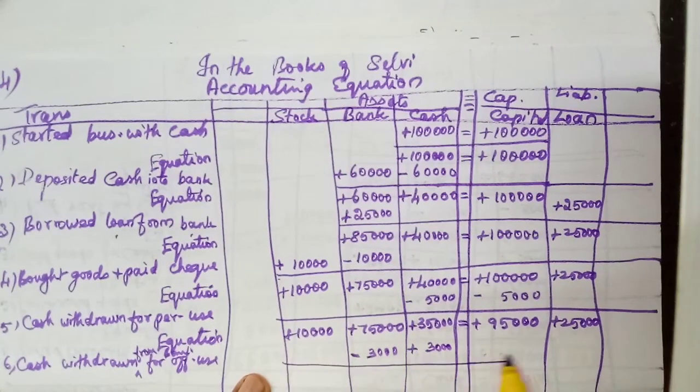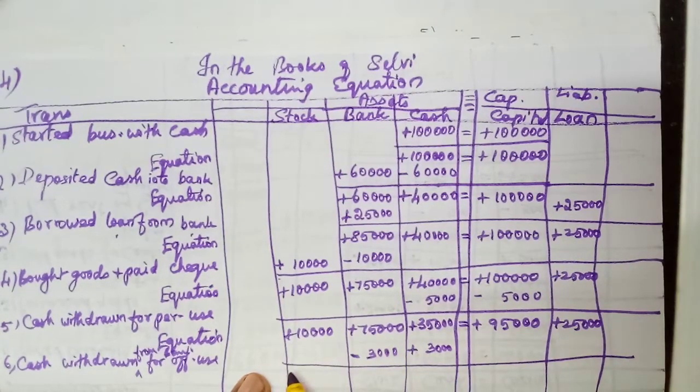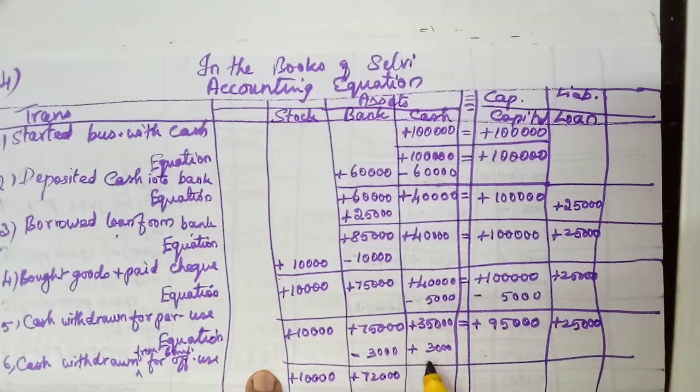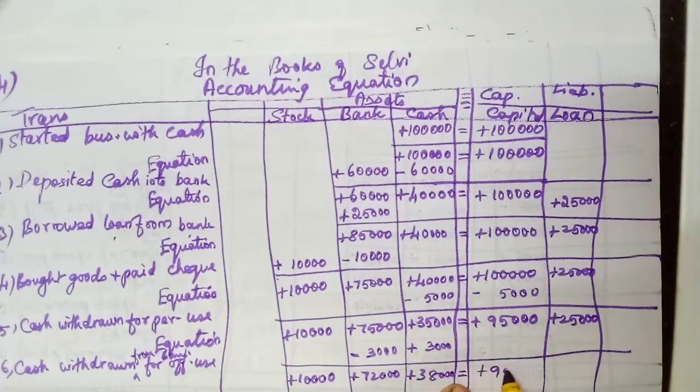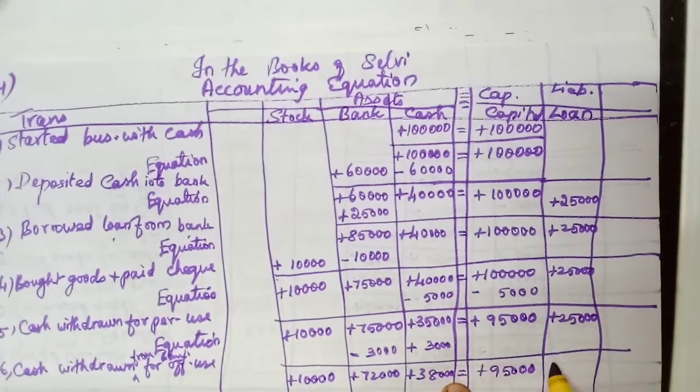Now you write the equation, plus 10,000, then 75 minus 3, 72, isn't it? Plus 72,000, then plus 38,000 equal to plus 95,000 plus 25,000.